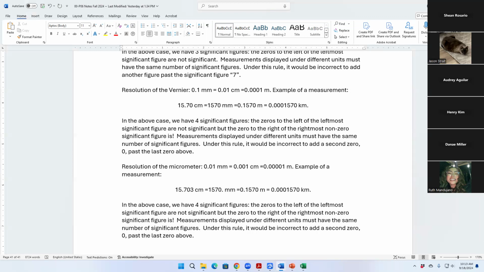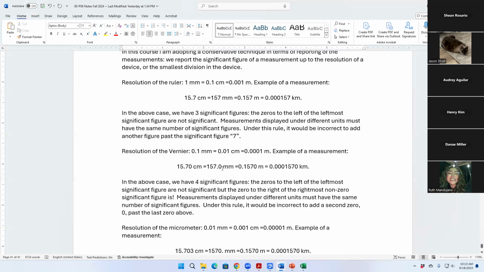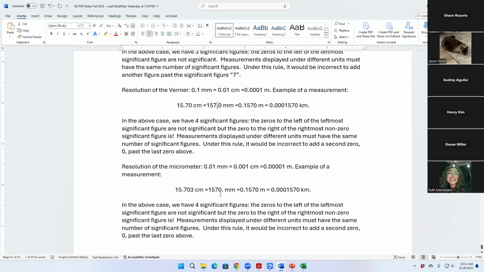Hey, wait a minute, there's something wrong here. Yeah, right in here. So we must have a zero here to the right after the decimal place. Yeah, we're good, and now we have a decimal place there.